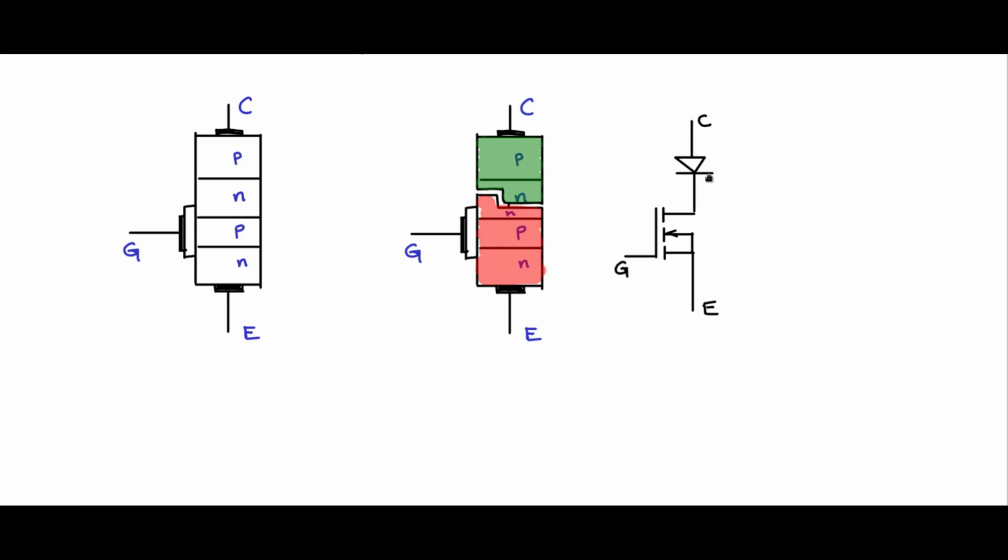This is a device which can even block a large negative voltage because of the presence of the diode. So the entire negative voltage will come across this reverse biased diode, and as a consequence you will see that this device is one of the very few devices that can block both positive and negative voltages.